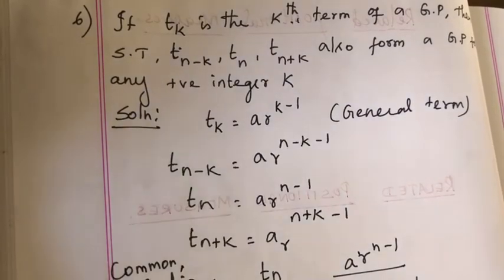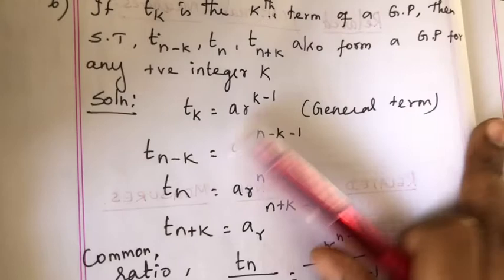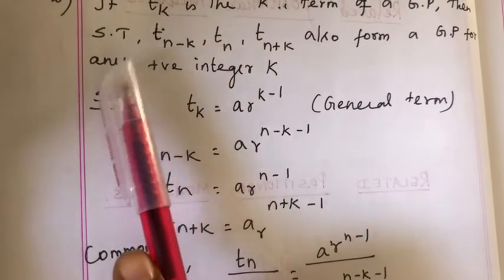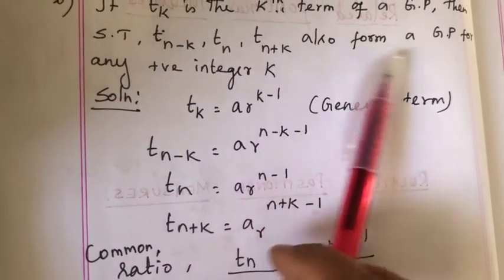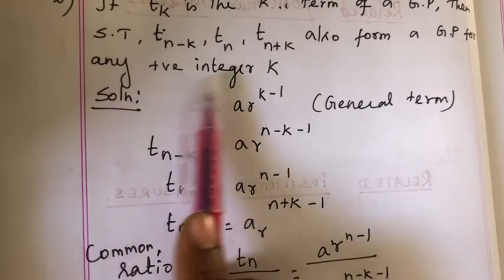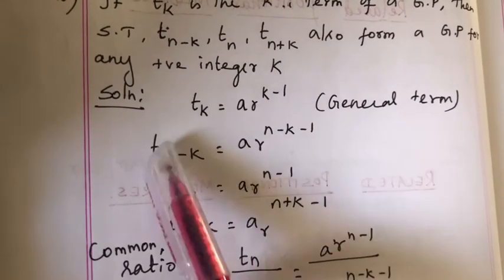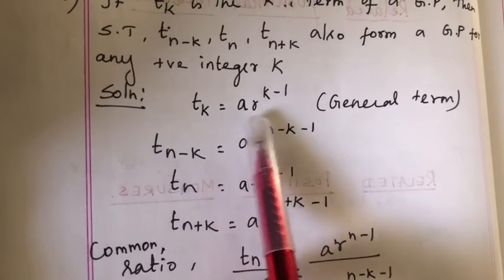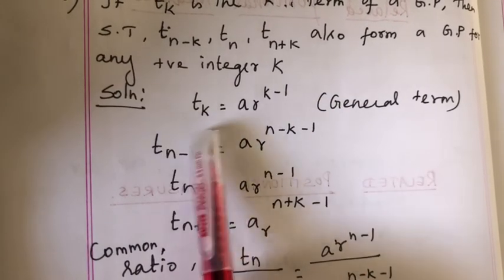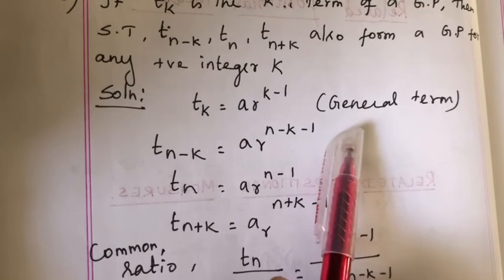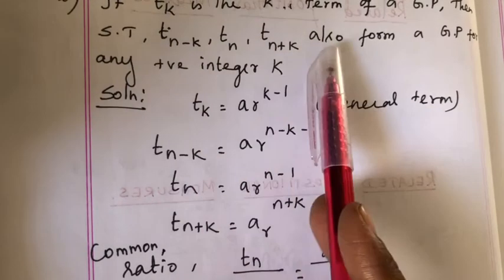Sixth problem. If Tk is the kth term of a GP, then show that Tn minus k, Tn, Tn plus k also form a GP for any positive integer k. The general term of a GP is Tk equals a r power k minus 1, or Tn equals a r power n minus 1. So we write the given three terms.